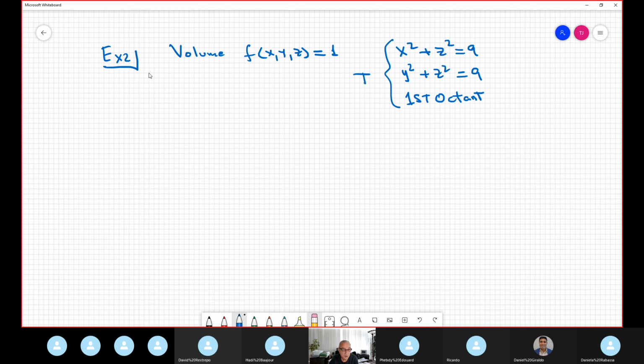Now I need to set up the triple integral over the solid T of 1 dV, because it is the volume in this case, not mass. Okay? I try to do my best. A 3D sketch is always very complicated.